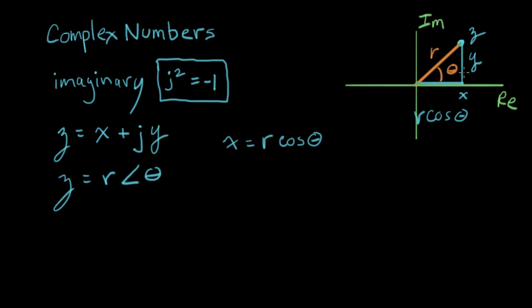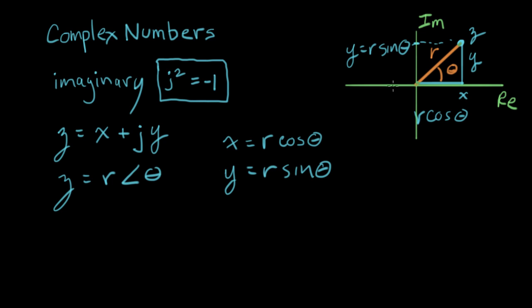If I want to figure out the y distance, and I know r already, y equals r times the sine of theta. So if I know r and theta, this is how I get x and y.